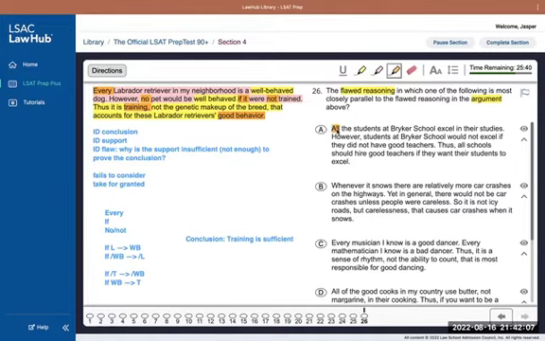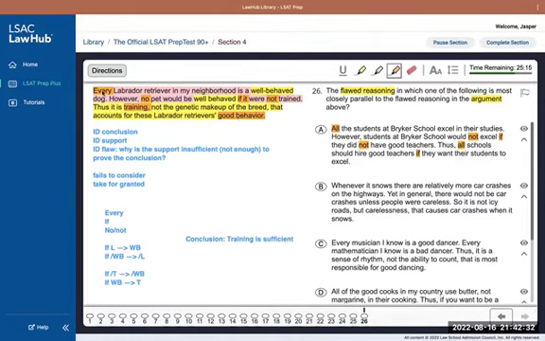So the word all is going to indicate a sufficient condition. We have if here as well. Oh, and we have some negation. We have all. We have if. Right. The negation here, not and not. So this is actually looking really good so far, right?